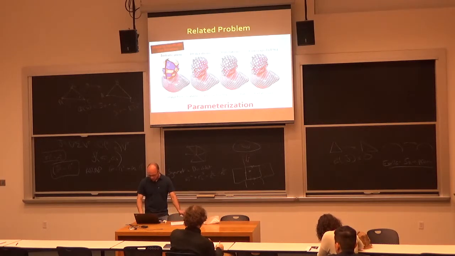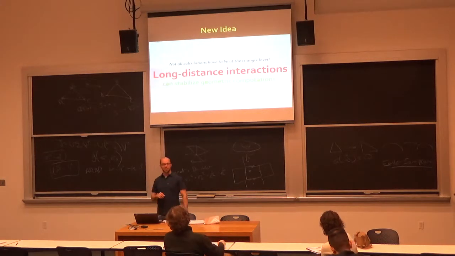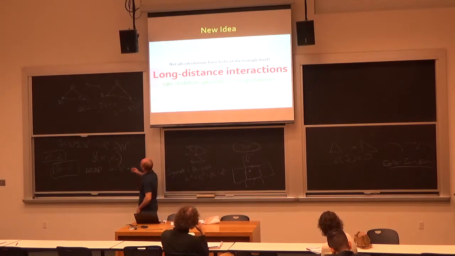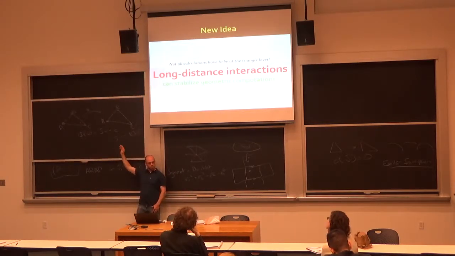So a different idea is to say, okay, let's challenge one of the assumptions that we set out with, right? That originally I said, okay, we're going to measure the distortion of our map by just looking at the distortion of the individual triangles. And indeed, it is true that a map is isometric if and only if all the individual pieces are isometric.